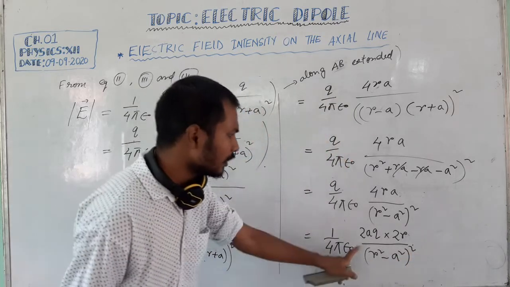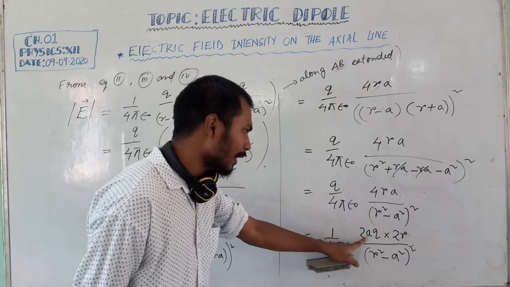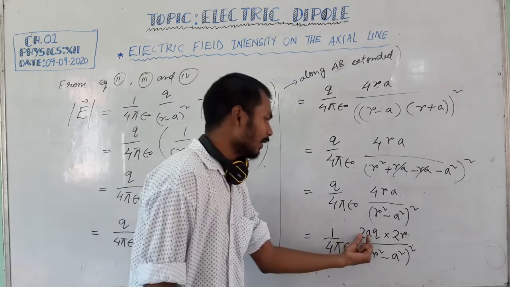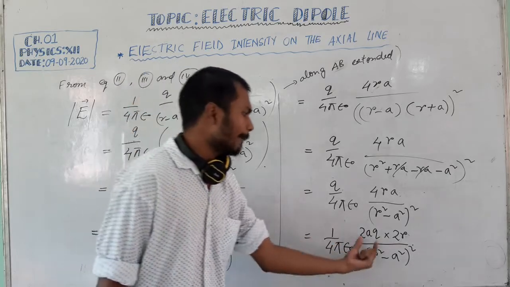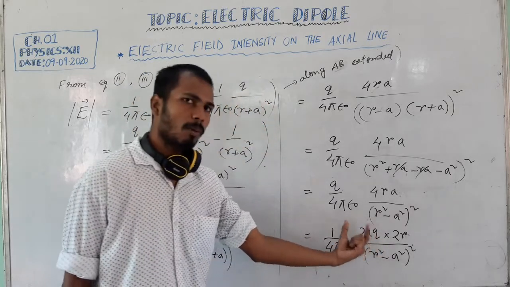Now see, what is the meaning of twice a q? Actually it is the dipole moment of a dipole. So replace this twice a q with the dipole moment of the dipole.